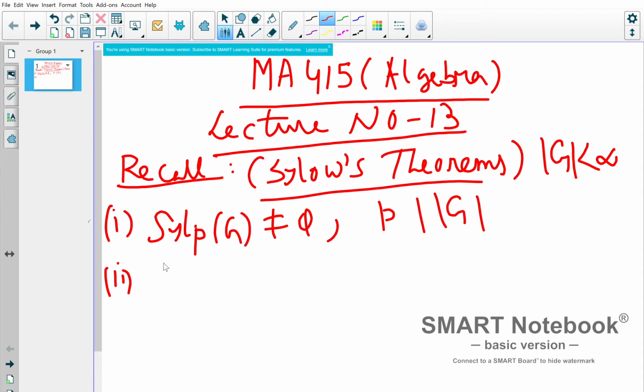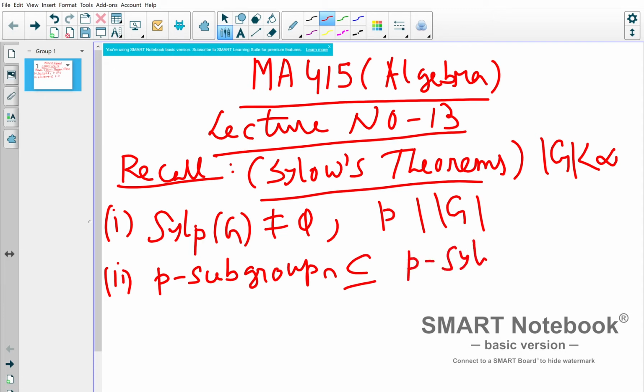The second theorem tells you that these P subgroups are subsets of a P Sylow subgroup, for some P Sylow subgroup. And in particular, all the P Sylow subgroups are conjugates.